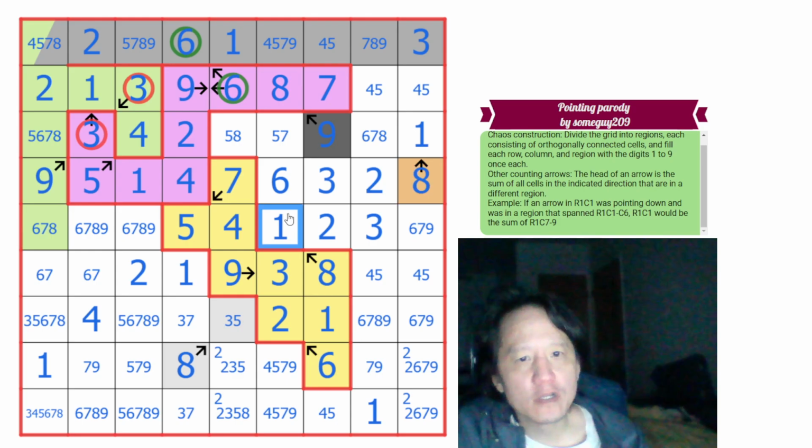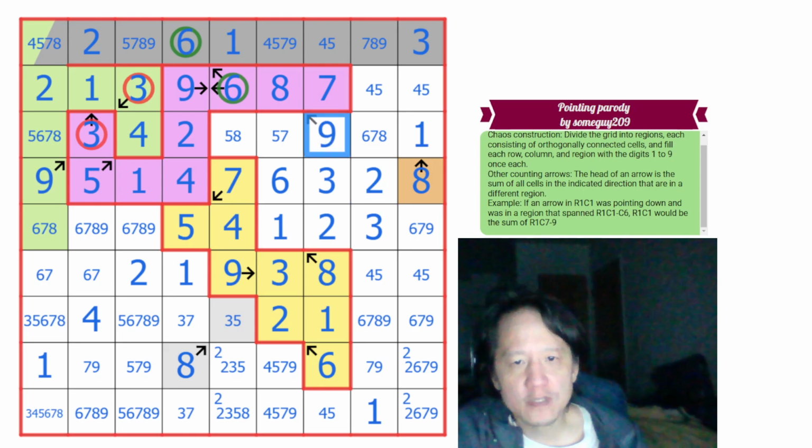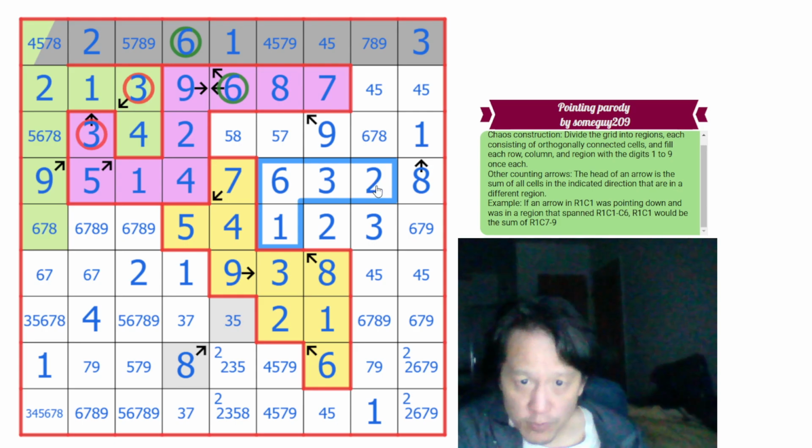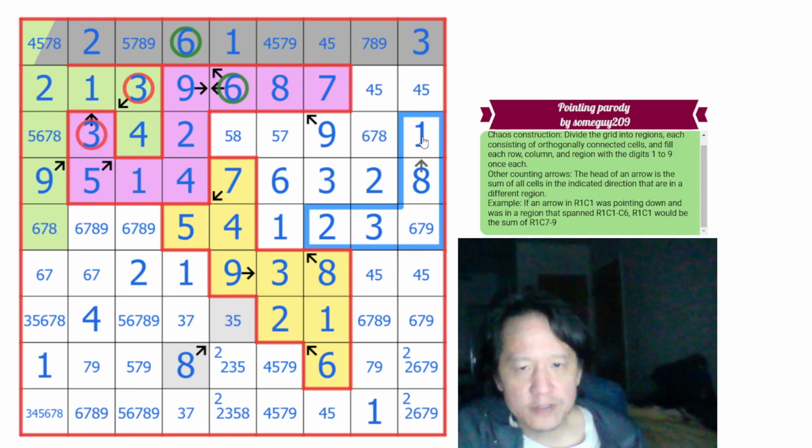Can this one go with this too? No. Right? Okay, so let's remove these colorings because we already know that there's something there. Can this one go with this too? Wait, no, it could. Right? And then these are the same.